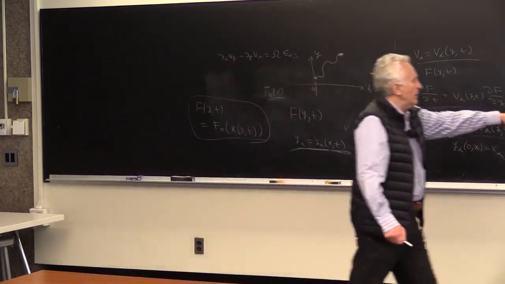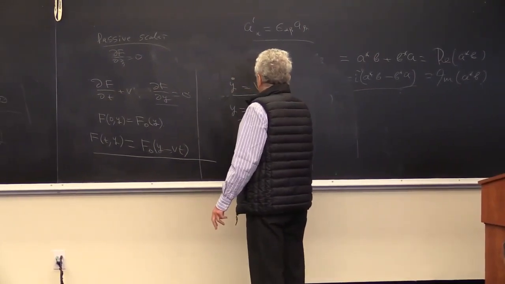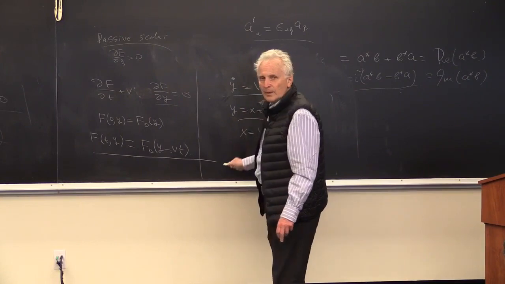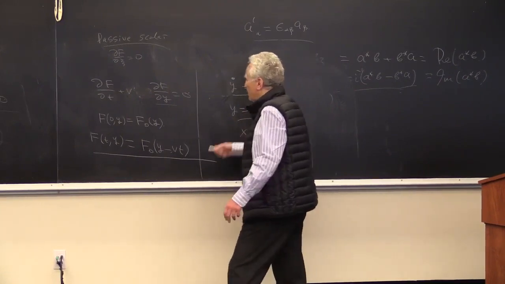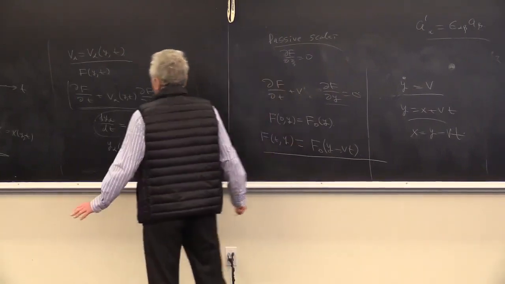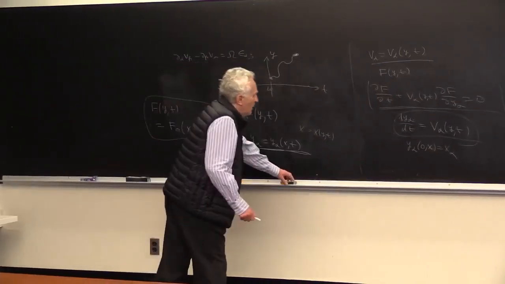See how it works here? We invert this function, which means x is y minus vt, and here we get this answer.